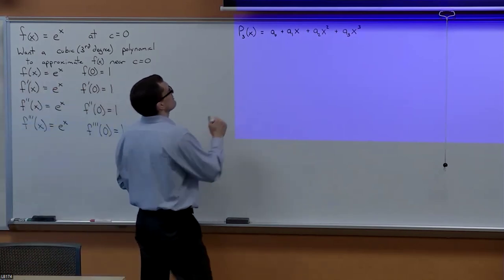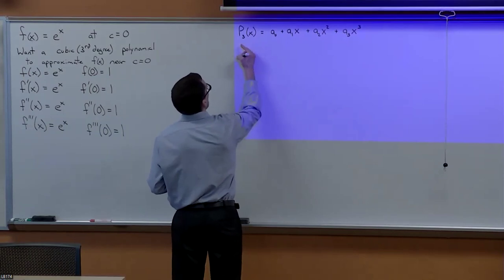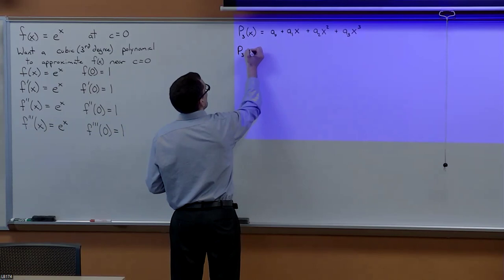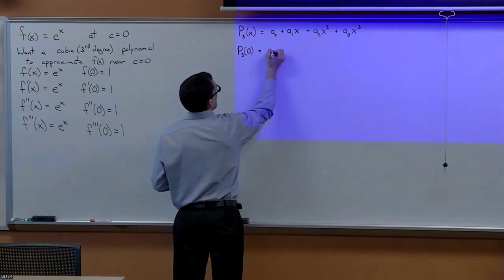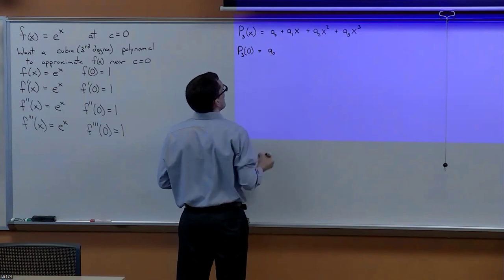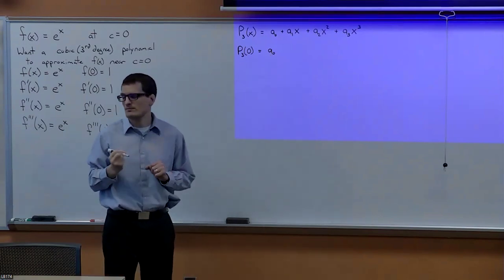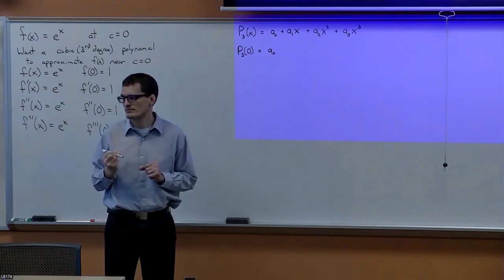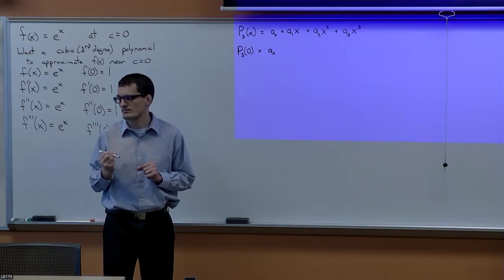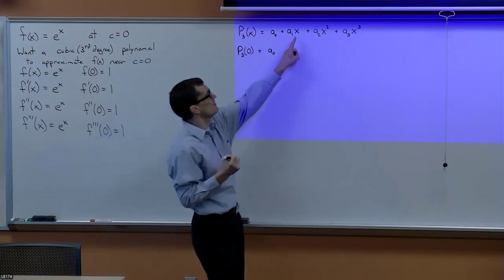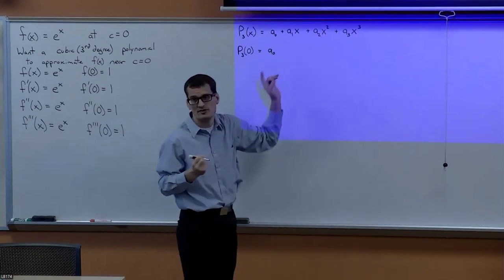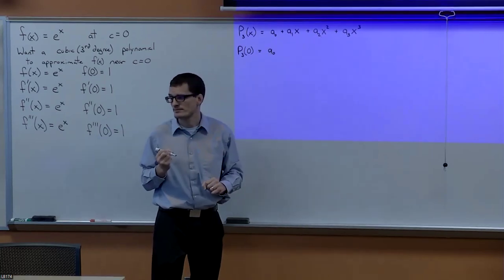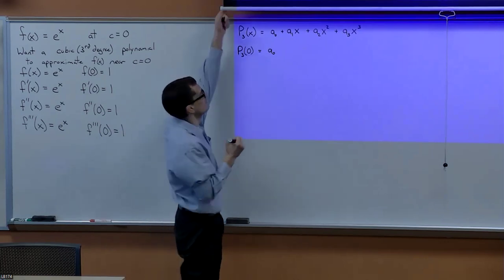But I want you to notice something about this polynomial. If you plugged in 0 into this polynomial, you would get a sub 0, because this term, this term, and this term would all be 0.